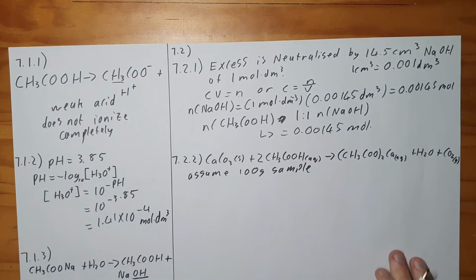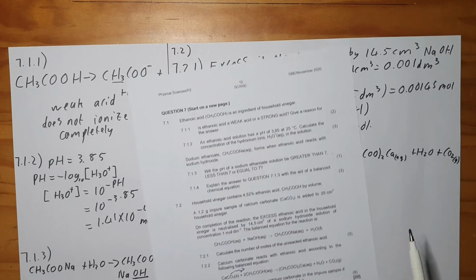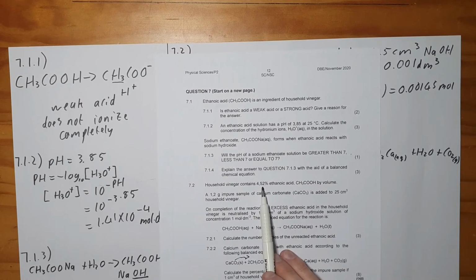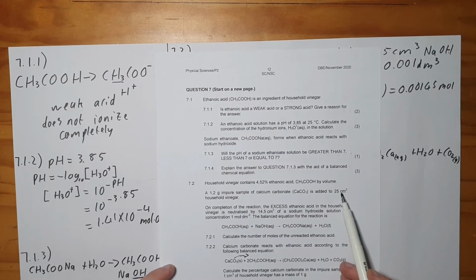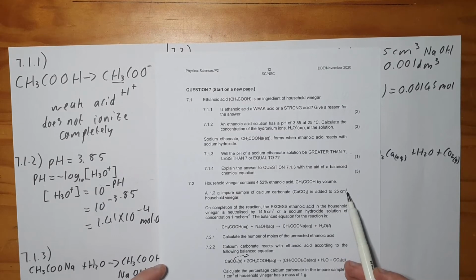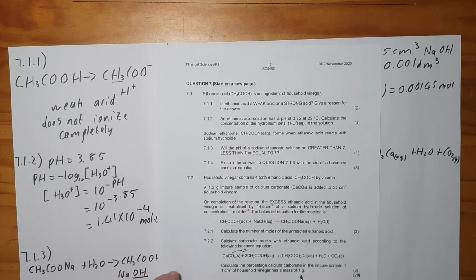Now that we've done that, we can work out the mass of CH3COOH, because they gave us that we have 4.52% of ethanoic acid, plus we have the volume of 25 centimeters cubed. So we can work out the mass because of this ratio here, 1 centimeter cubed to 1 gram.